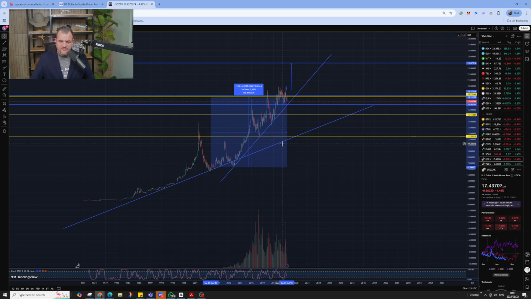So that difference is 188%. If you held rands in dollar terms, you could buy 188% less dollar with that rand. If you were holding dollars, you could buy 188% more rands.